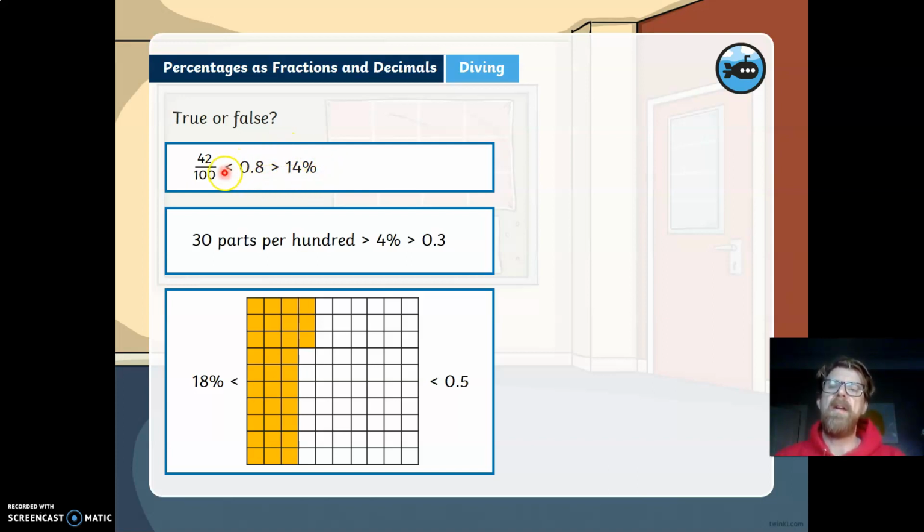Remember, Charlie Crocodile in the old days would always eat the larger number. So 42 over 100 is less than 0.8. I think we probably would convert everything that we can see on this screen to percentages. Let's see how we get on. So put me on pause and then take it from there.